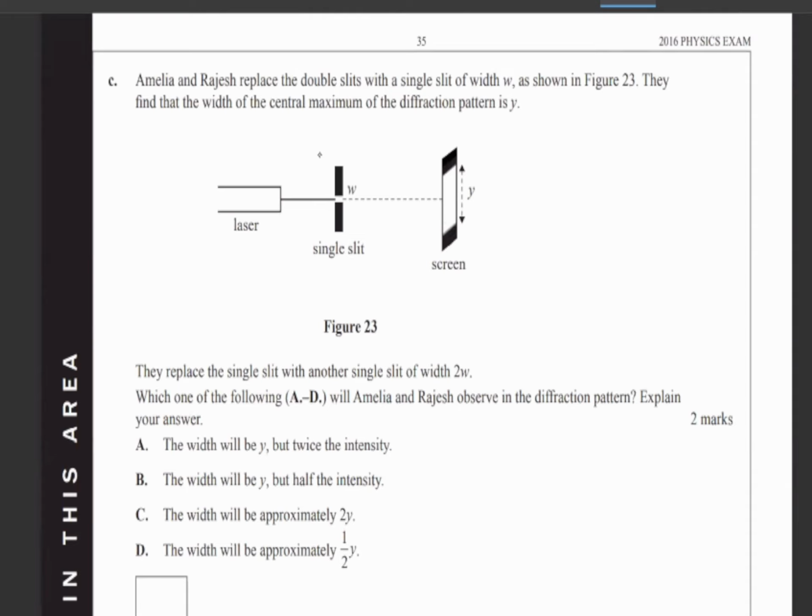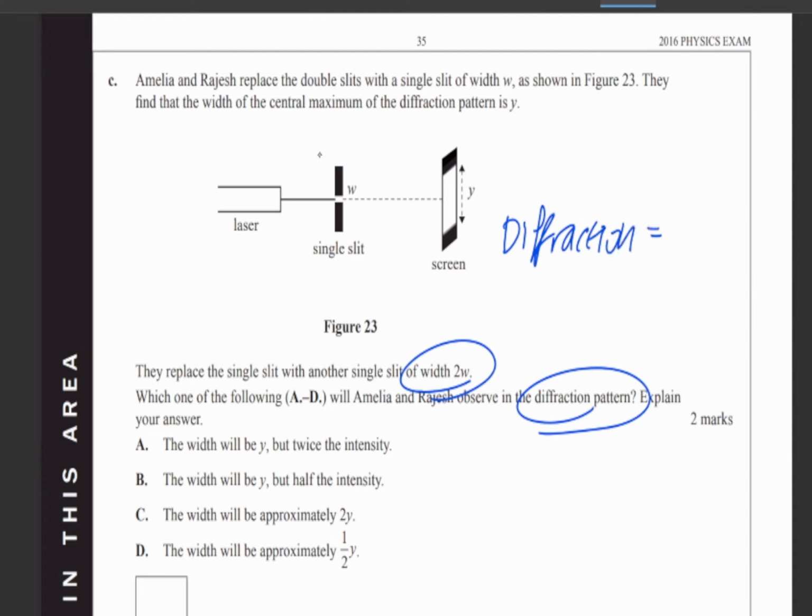So we can use the relationship between diffraction, width, and wavelength. So diffraction is proportional to delta x.